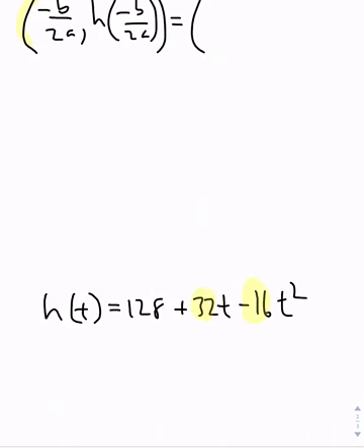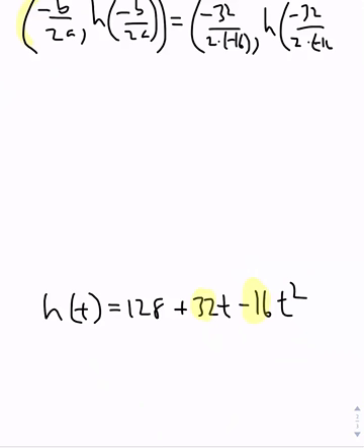So I end up with negative b, so negative 32 over 2 times a. In this case, a is negative 16. And then I want to evaluate the function for that particular value. Okay, so negative 32 over 2 times negative 16 actually turns out to be 1.